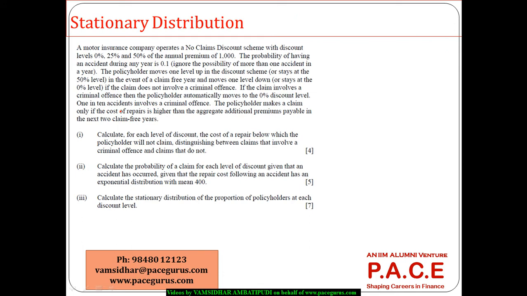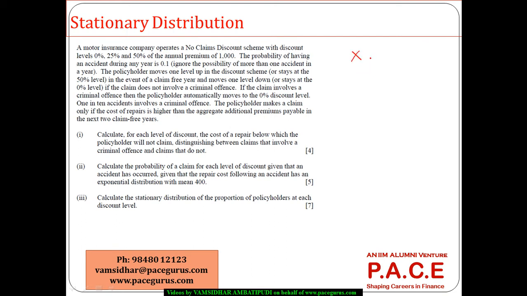All right. Now, what is the second part telling? Calculate the probability of a claim for each level of discount. I have to find out the probability of a claim, assuming that it is made only if it is greater than a certain amount, given that an accident has occurred, and that the repair cost following an accident has an exponential distribution.